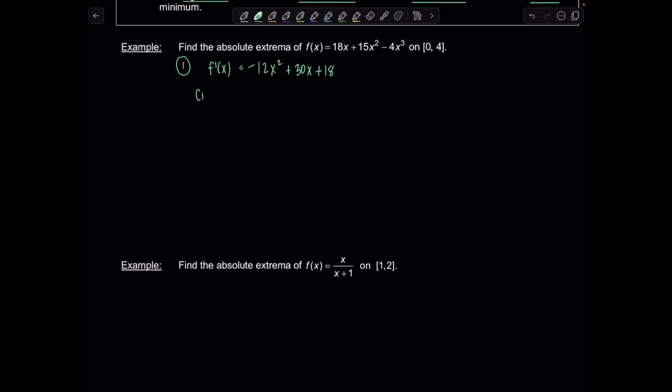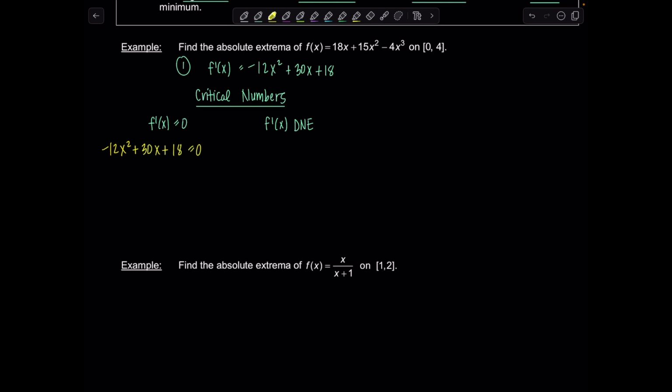Okay, so remember, critical numbers come from two places: where the derivative is 0 and where the derivative does not exist. Now to find where the derivative is 0, let me set negative 12x squared plus 30x plus 18 equal to 0.